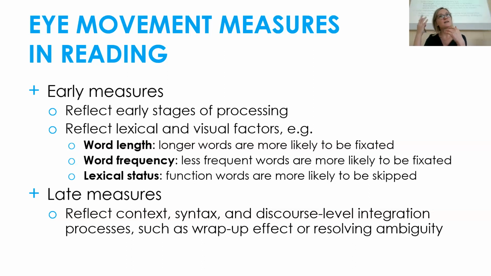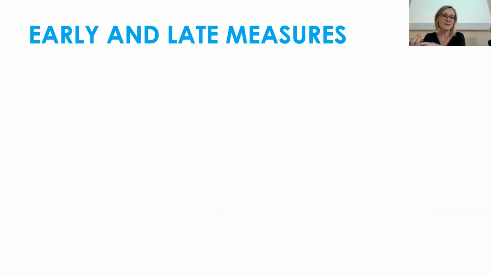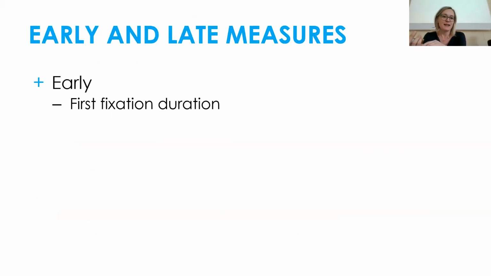So more lexical and any other type of integration that is happening there, right? Or even we're trying to resolve some ambiguity, trying to understand this windmill being attacked there. That's where the late measure, I think, would come in useful.